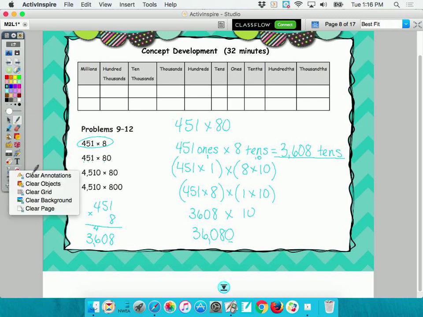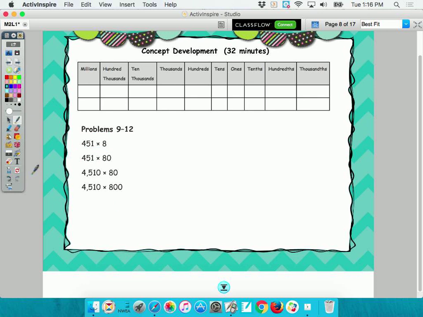You'll get this. Let's try 4,510 times 80. Now you're going to use what we just did, the number with the 0 at the end. Okay, Yosin, help me out here.